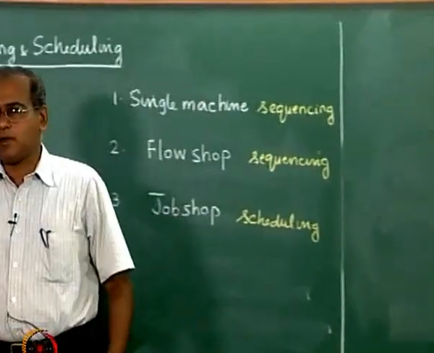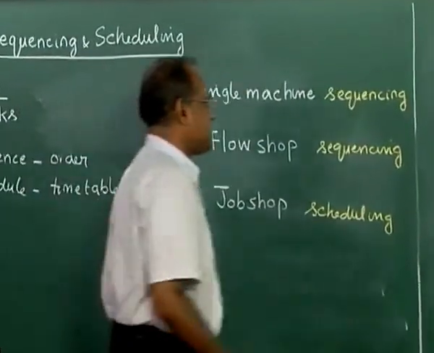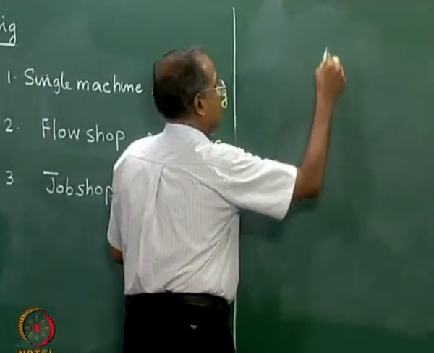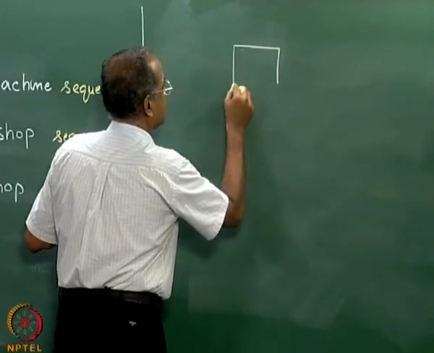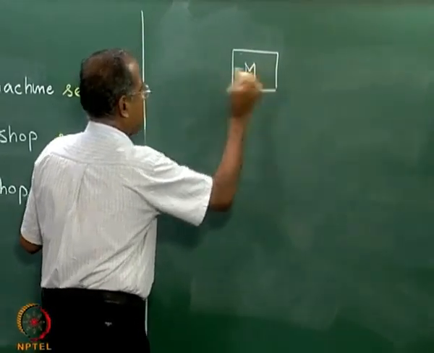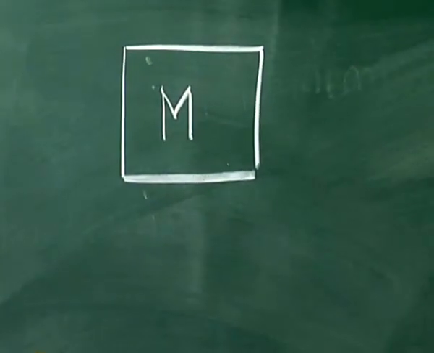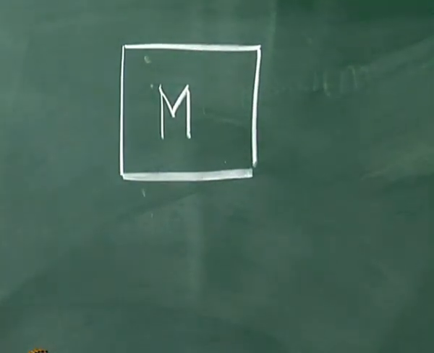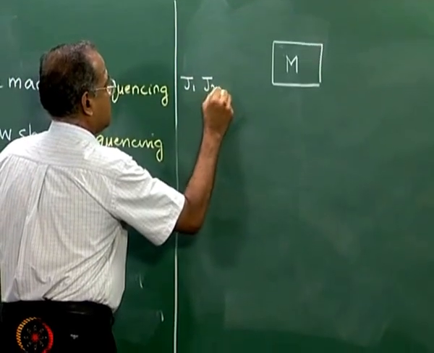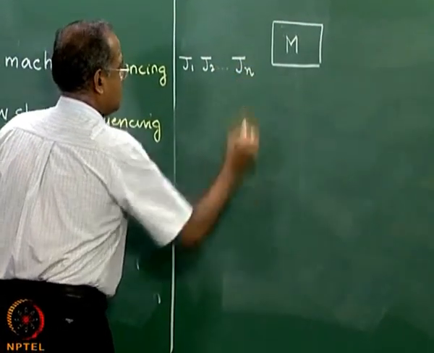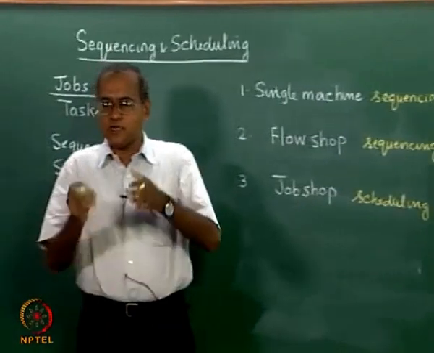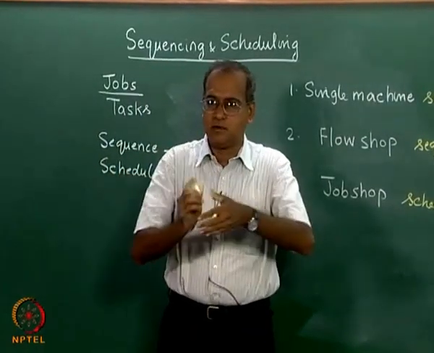So, single machine problem, as the name suggests, has a single machine which you could call as M, there is one machine, and there are several set of jobs which could be J1, J2, Jn, and these jobs have to be processed on the machine.